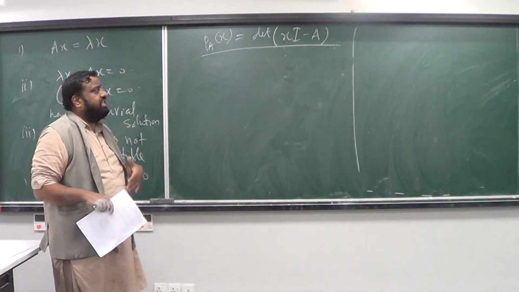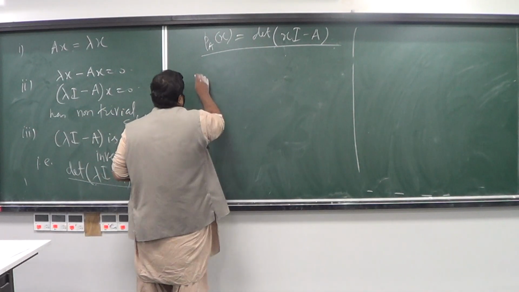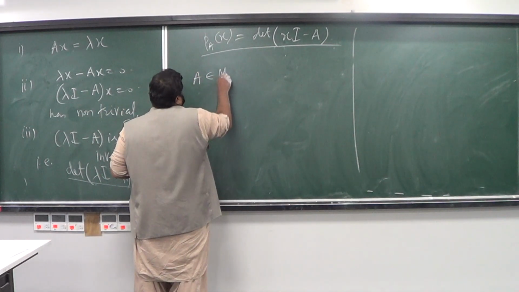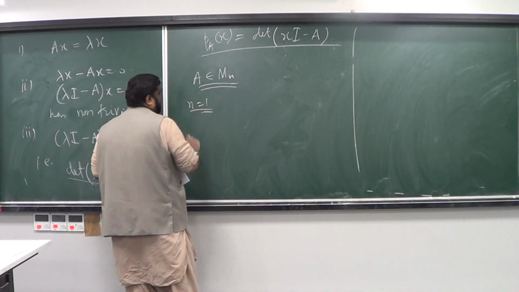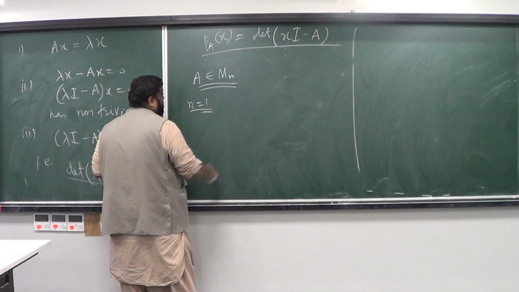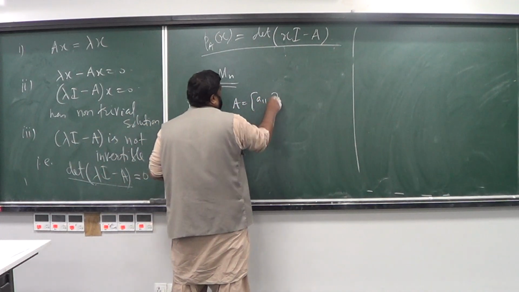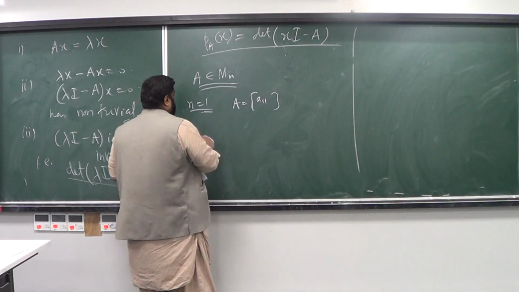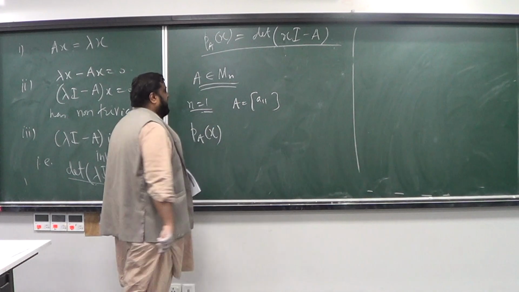Now let's study the characteristic polynomial in the case of different kinds of matrices. A is a square matrix. If I take n equal to 1, in other words, I assume that A is a 1 by 1 matrix, what would be the polynomial corresponding to this matrix A?